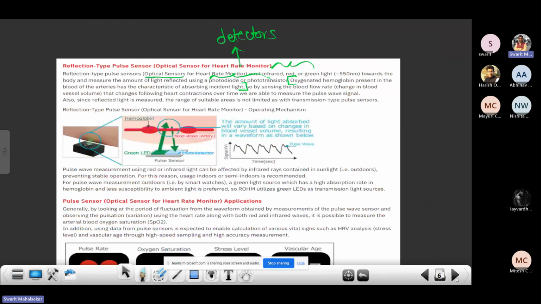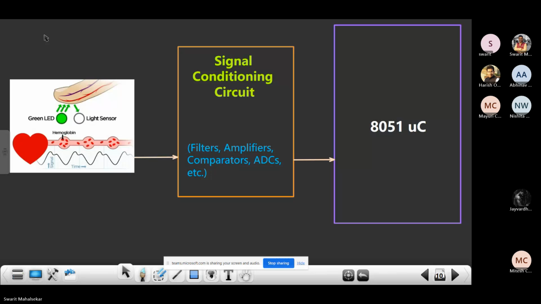So now let me explain this diagram. As I mentioned, we will receive this kind of waveform, an analog waveform, and it is given to the signal conditioning circuit. In the signal conditioning circuit we have lots of components.